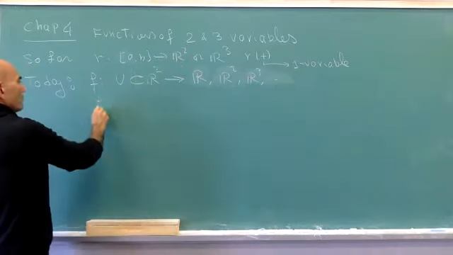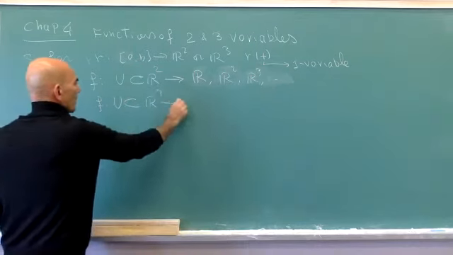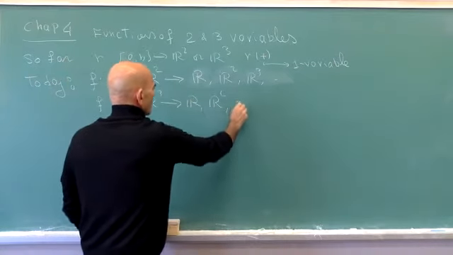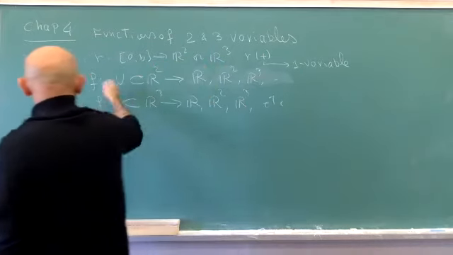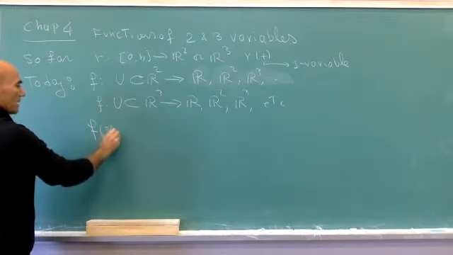And also f from U, a subset of R3, again going to R, R2, R3, etc. So what is this notation now? We just write it as f of x and y.